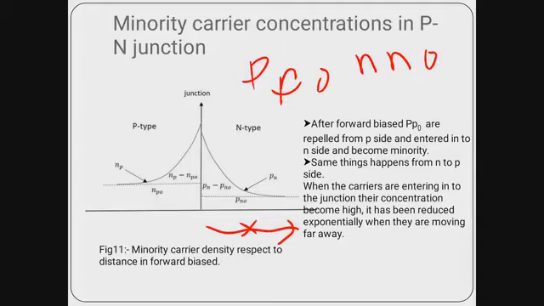Similarly, when electrons move towards the P-type from the N side to the P side, their concentration is much higher across the junction, but when they move from the junction into the bulk of the material, the plot decays exponentially. And this is basically the plot of minority carrier concentrations in forward biased mode.